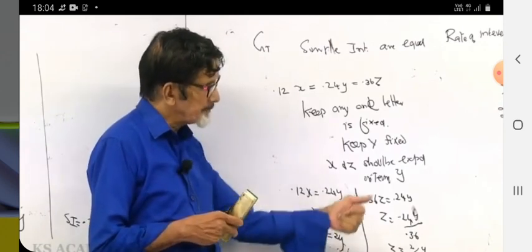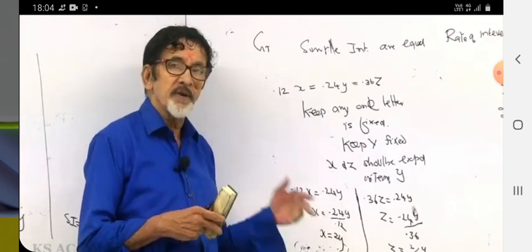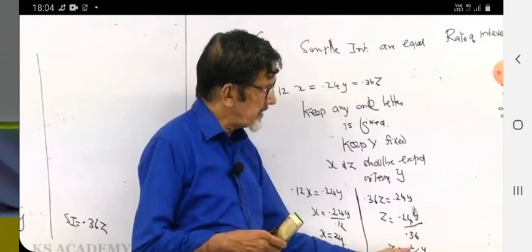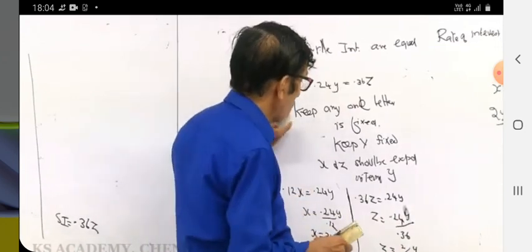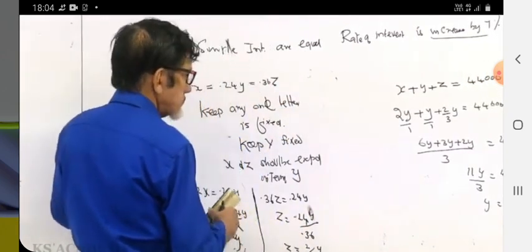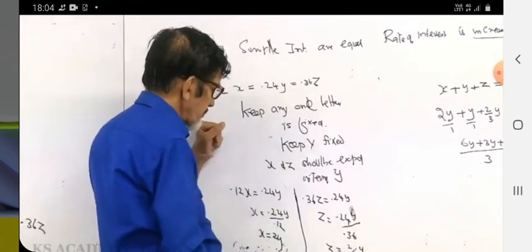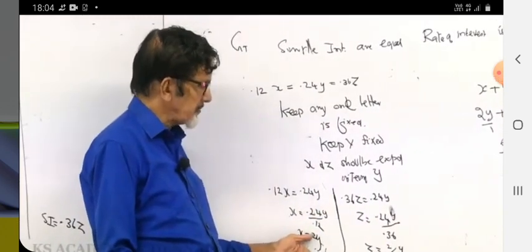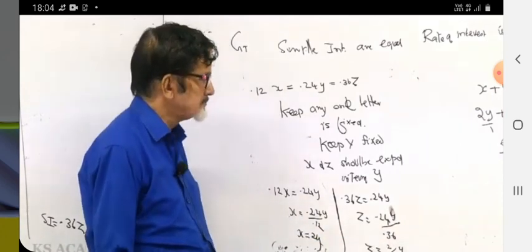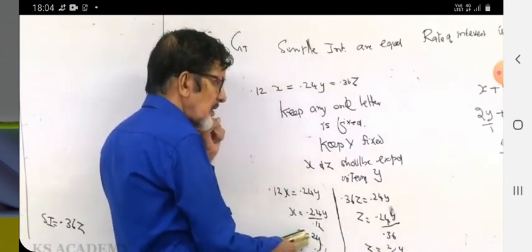Z is 2 by 3 Y. If you put Y equal to 12,000, you get 8,000. If you put 2Y, 24,000. So Z is 8,000, X is 24,000, Y is 12,000.